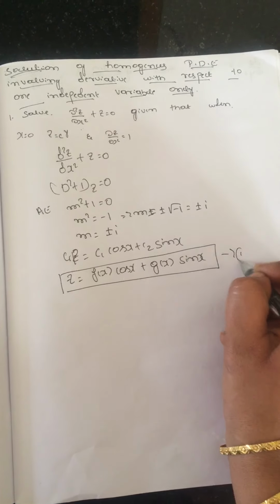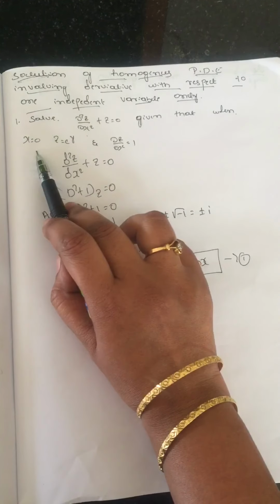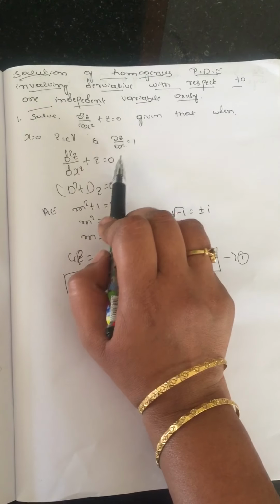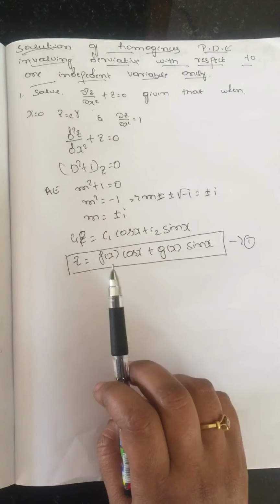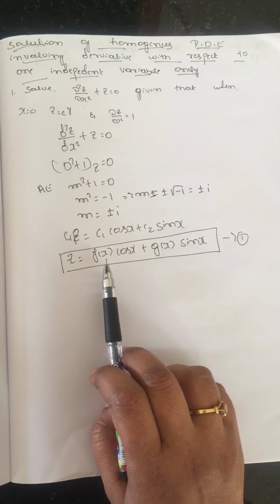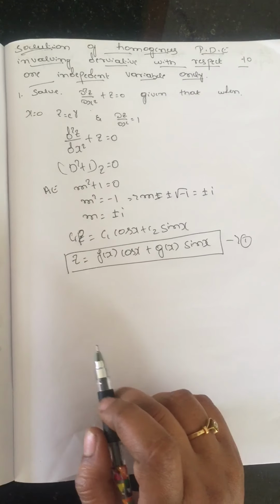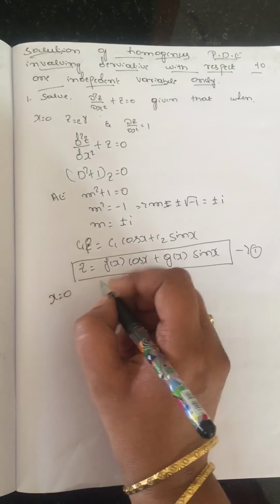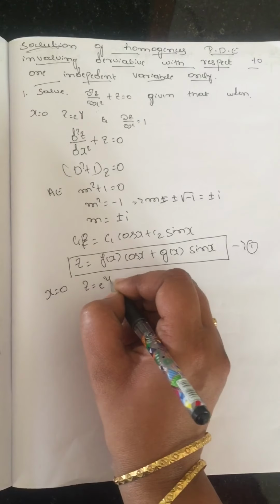Now, using the given conditions, when x is equal to 0, z is equal to e power of y, and when x is equal to 0, del z by del x is equal to 1. Using these conditions, we have to find f of y and g of y. Take the first condition. If x is equal to 0, then z is equal to e power of y.